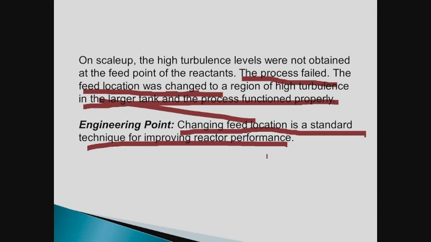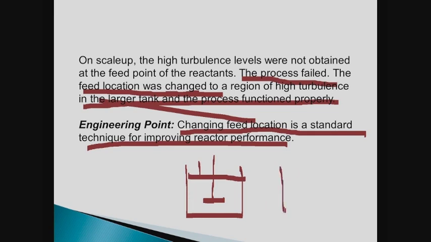Sort of like one of our major things that we do. So you go in, and the reactor is doing poorly because you're doing a surface feed. You come in and change the feed location to the vortices if you can, and everything works out like a champ.